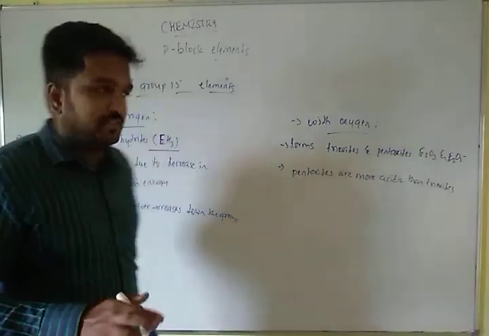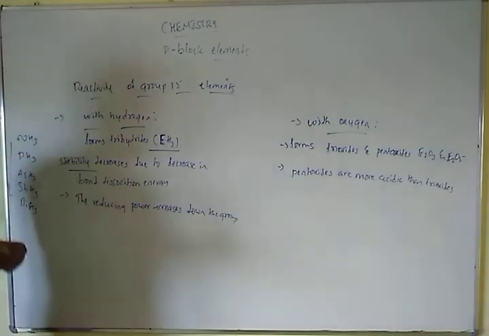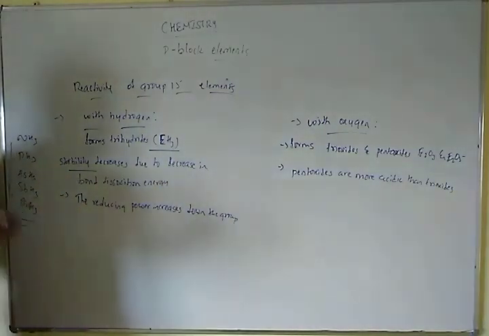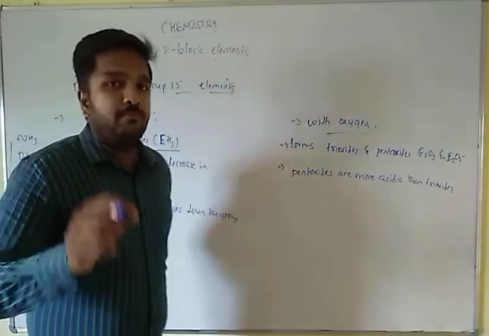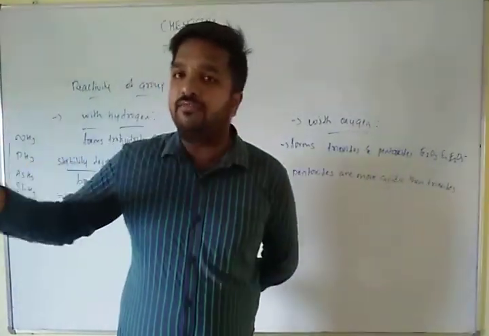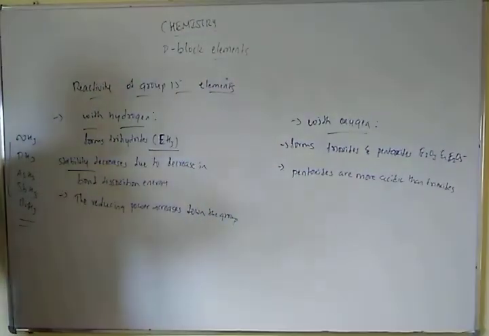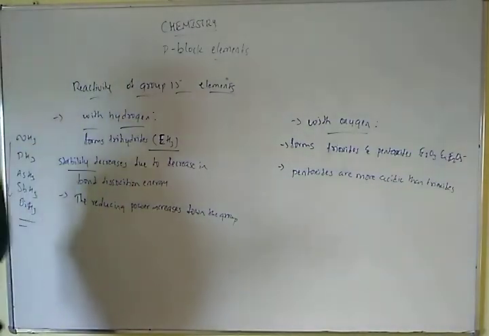It is because as we go down the group, the bond strength decreases, so bond dissociation energy decreases. So it is very easy to break the bond, so the stability decreases. If a chemical bond is easily broken, that particular compound is not stable. It can react with any other element.